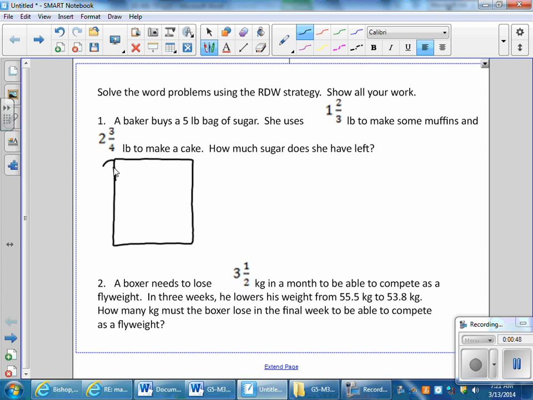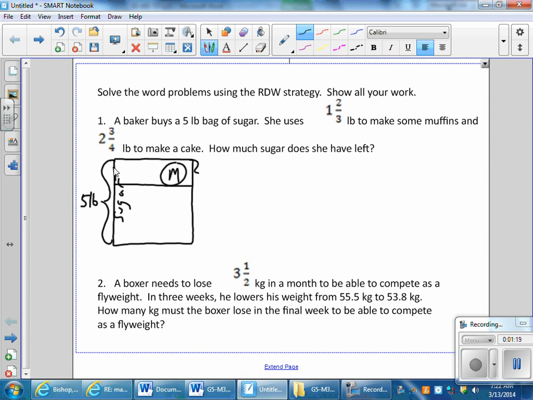I have a 5-pound bag of sugar. I like to label as much as I can, just so it becomes more clear in my mind exactly what I'm looking at. She uses 1 2/3 pounds to make some muffins, so I'm going to take a little bit off of the 5 pounds.